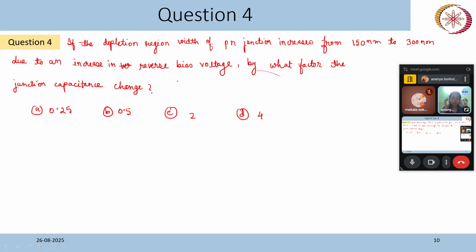We know that with more reverse bias voltage, the depletion width increases, and when the depletion width changes, the depletion capacitance or the junction capacitance changes. So remember, junction capacitance and depletion capacitance are both names for the same thing. So what is the factor by which junction capacitance changes? That is the question.